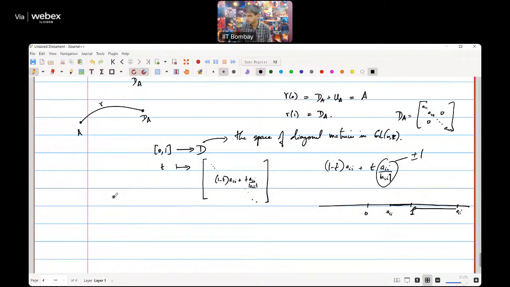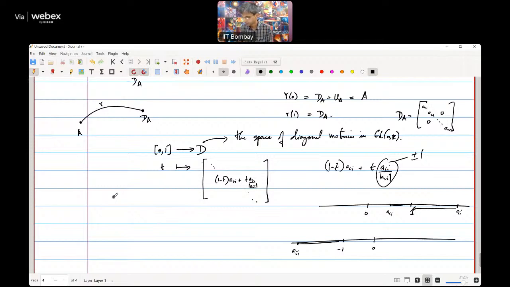Similarly, if aii is negative, then aii could be here, and this path joins it to minus 1. The important thing is this path never hits 0. That's an easy check which you can do. Therefore, for each t, the entries of gamma of t are always non-zero.